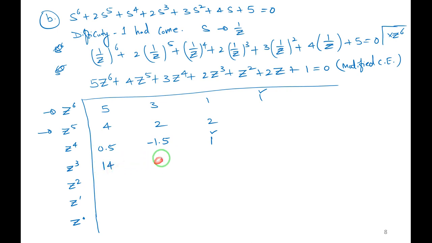Next element: 0.5 into 2 minus 4 into 1, so minus 3 divided by 0.5, I am getting minus 6 here. Observe, 4 elements, next 3 elements, then only 2 elements. Don't try to calculate this one also.